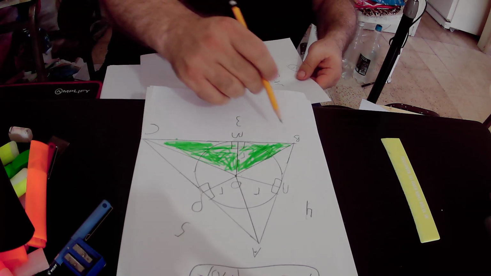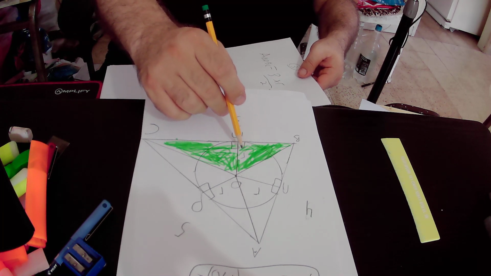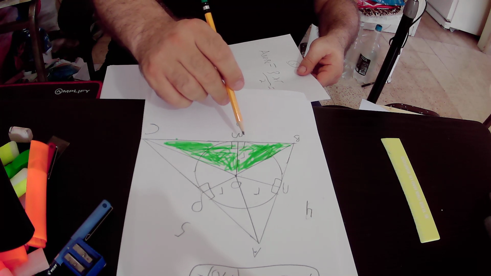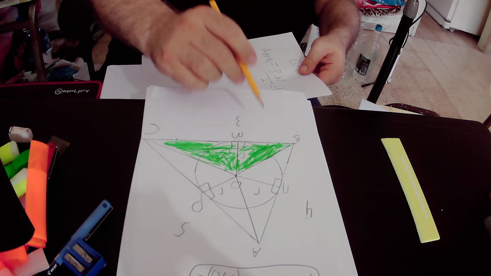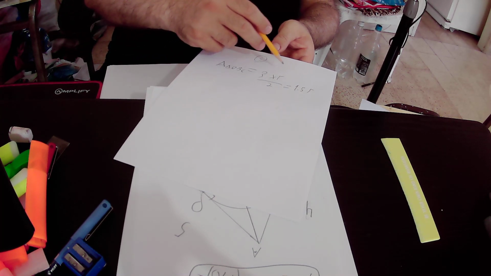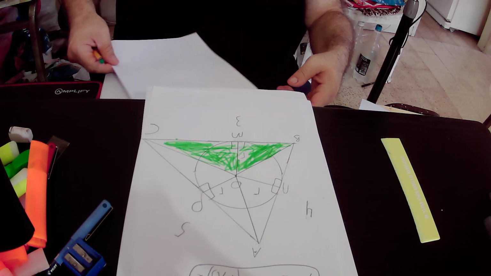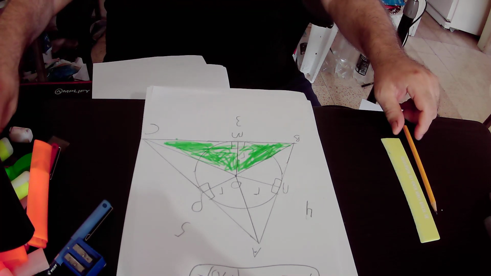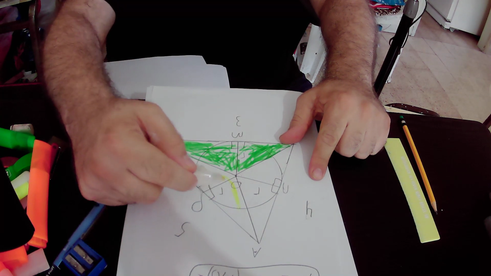It is the base of the triangle that is 3 units times the height, that is R, divided by 2. 3 over 2 times R is 1.5 times the radius. Okay, and in the same way, we will calculate the area of the yellow triangle.